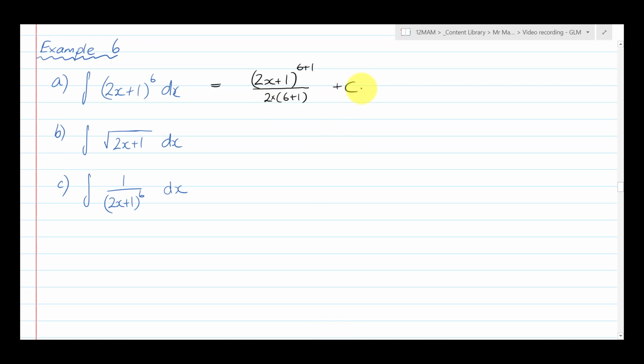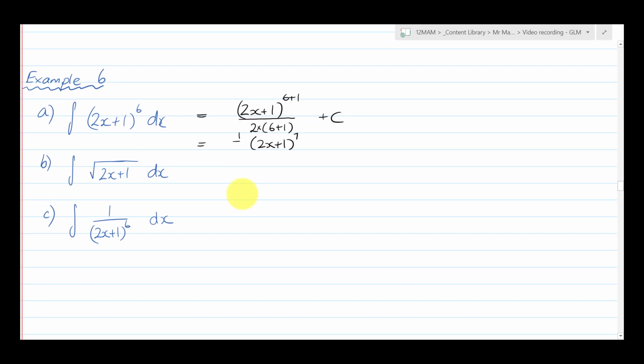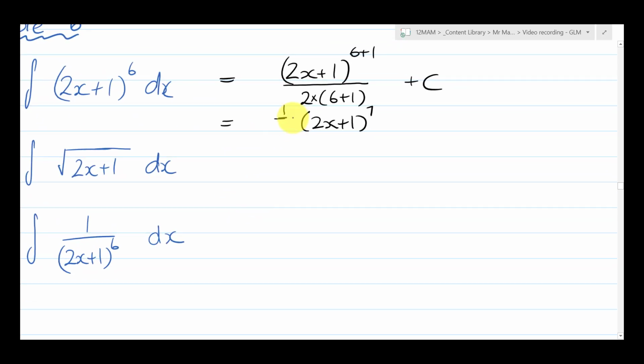I'm going to do it like this, then I'm going to simplify. So I get (2x + 1) to the power of 7, and 1 over (6 plus 1) is 7, 2 times 7 is 14. So it's 1/14 of that, plus c. Apologies, it's going a bit funny here.